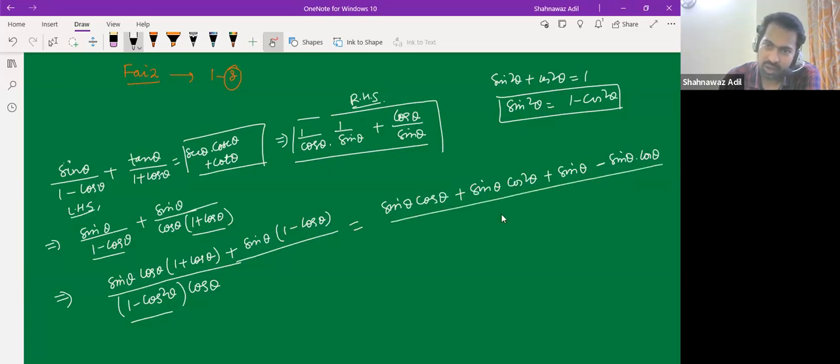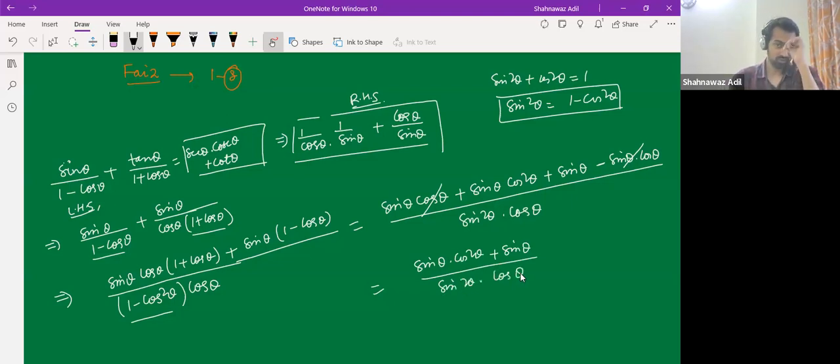In the denominator we can see that this is cancelling, and this is sine square theta into cos theta. So ultimately we will get sine theta into cos square theta plus sine theta, divided by sine square theta into cos theta.